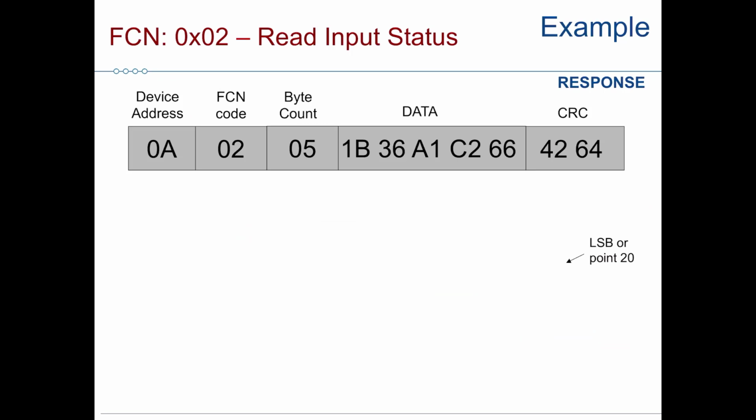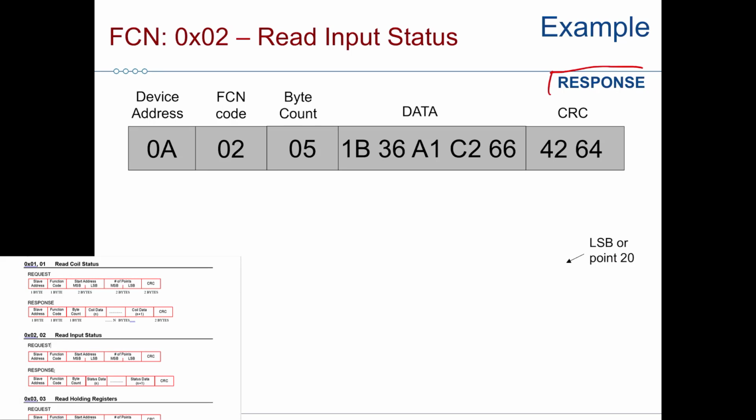Okay, so now let's look at the response. So notice this is the response, and because it's a response, it'll be one that has a varying data field, and the data field will vary based on the number of points. So how many points did we ask for? We asked for 40 points, if you recall, and because each one of them is a single bit, that would require 40 bits.